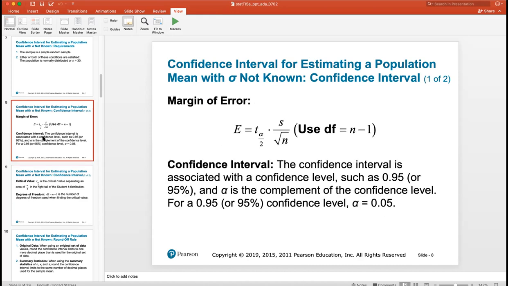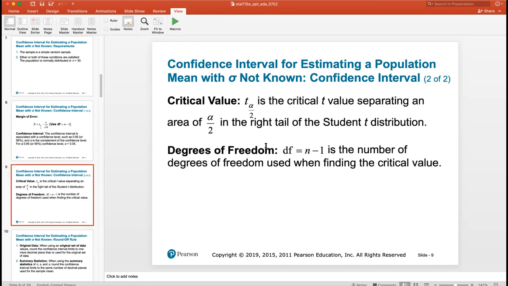We're definitely going to use a calculator for that, but you need to figure out alpha first. I'll show you later. t sub alpha over 2 is a critical value separating an area of alpha over 2 in the right tail of the t distribution, as you see in the graph of the t distribution. Give me a second.